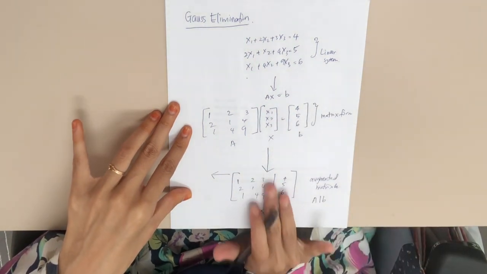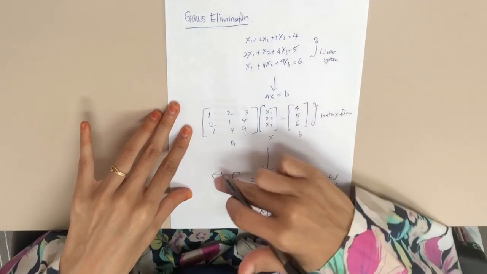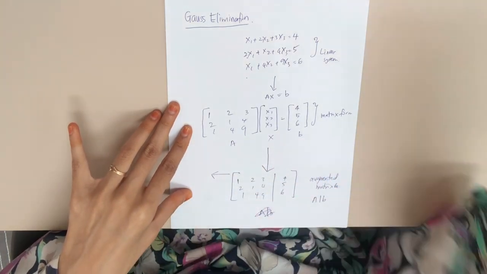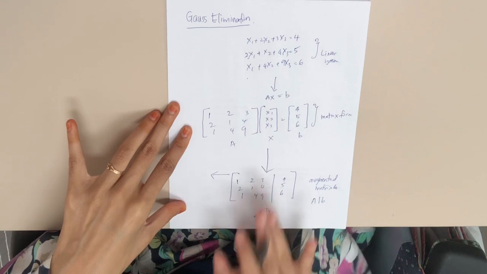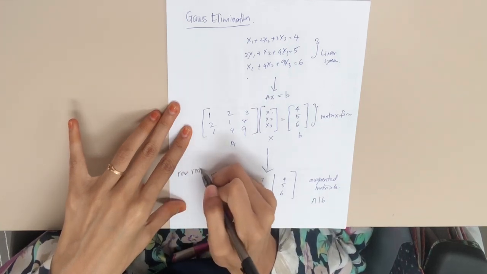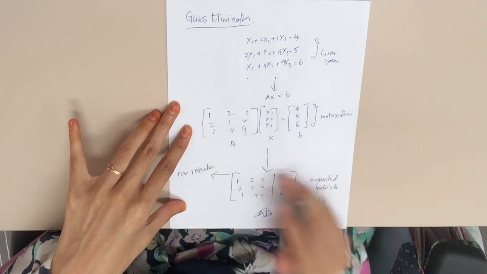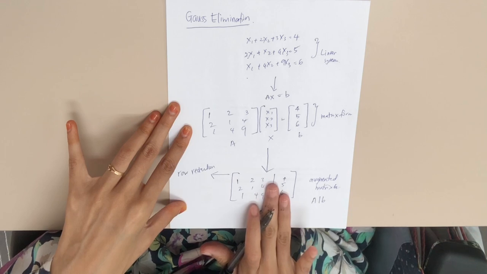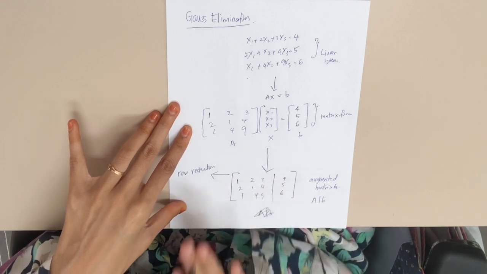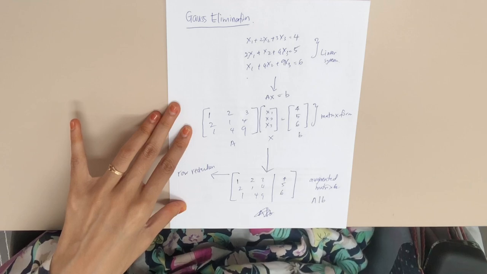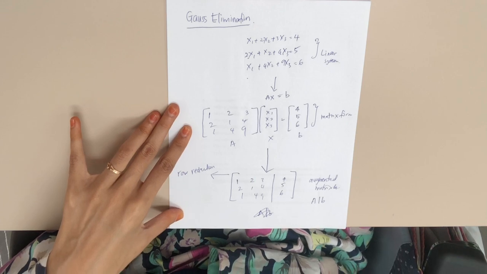After the augmented matrix, this is the flow. Now we turn right. From this, we do the row reduction. Row reduction means that you will reduce this matrix to row echelon form, which we did just now in the video I showed earlier.